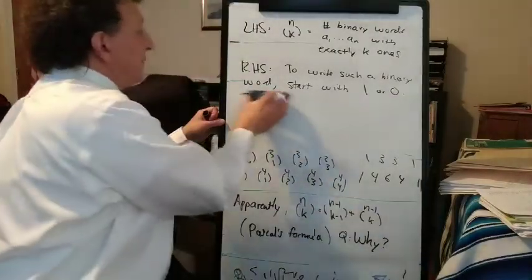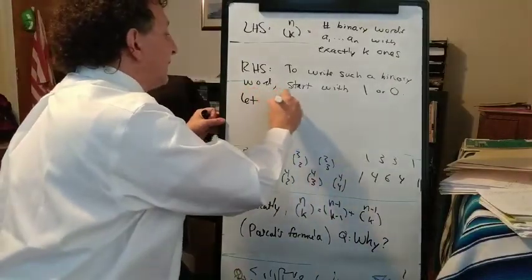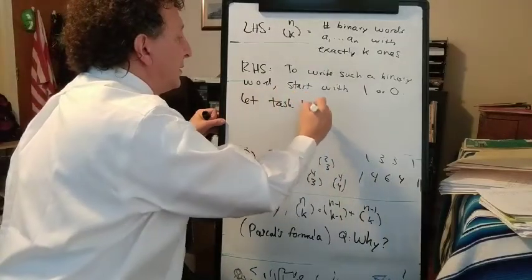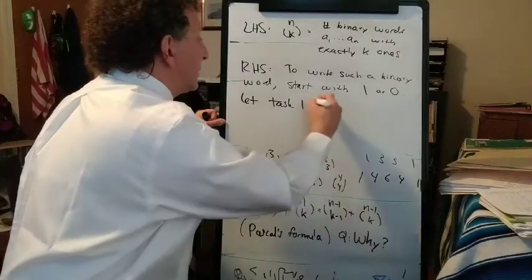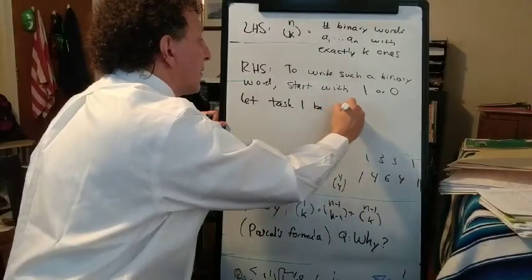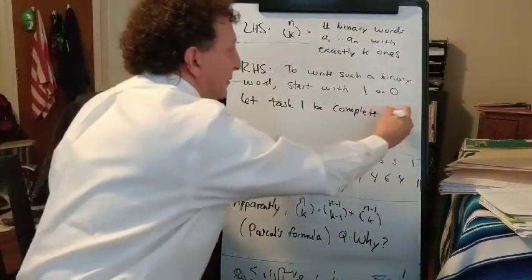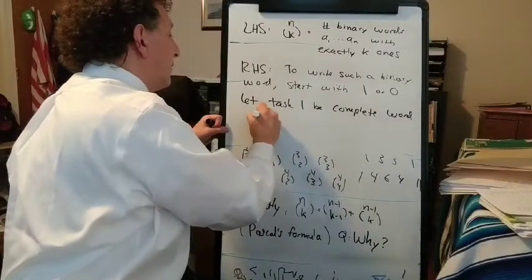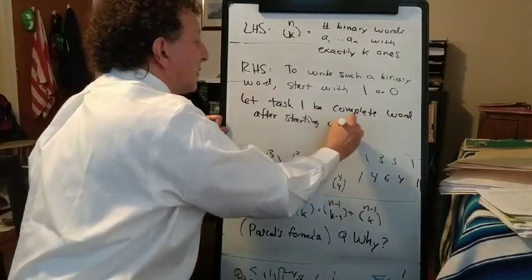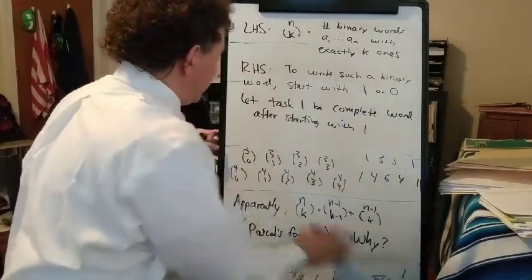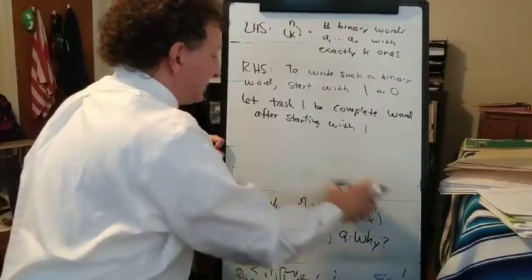Now let's think about these two possibilities, and let task 1 be completing the word after starting with 1. How many ways are there to do that?